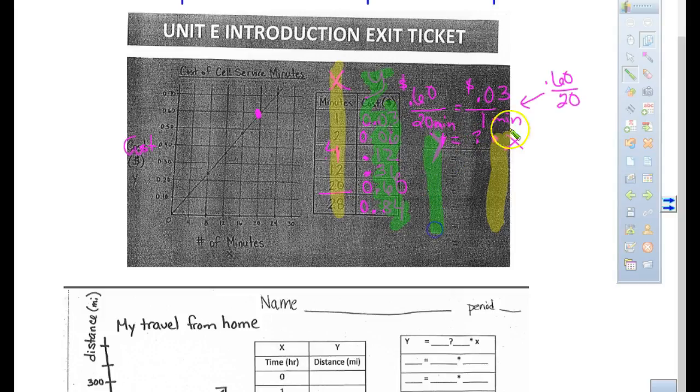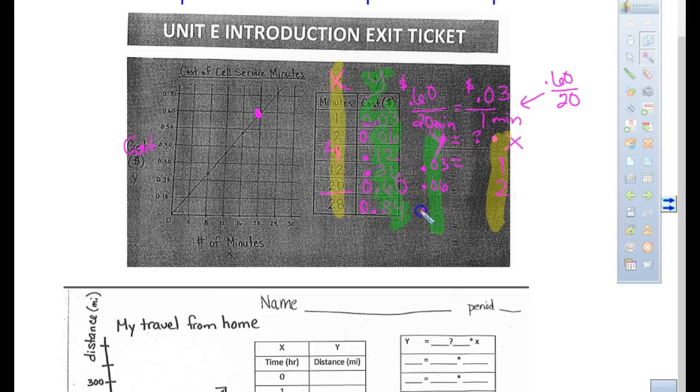Okay? So when I fill mine in, my first y was 3 cents, 0.03, equals, back here the x was what? 1. The question mark I'm going to leave for a little bit. The next one, I had 0.06. What was the x value with that? 2.